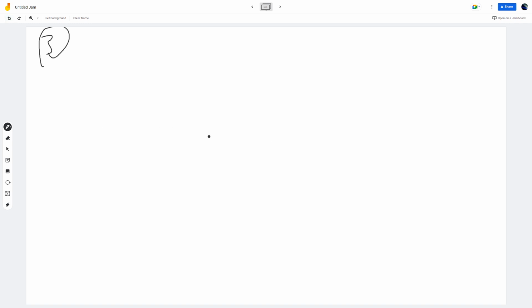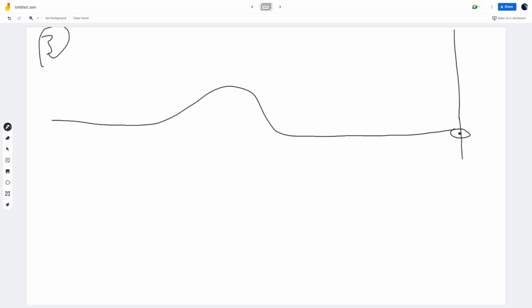3B says, a wave pulse travels along the length of a string. Explain what happens when the pulse reaches the end of the string if it is looped around a post and free to move vertically. So, looped around a post, we had this example in class. Basically, if the post is high enough, the string will move up and then move back down, and the wave will get reflected back this way.